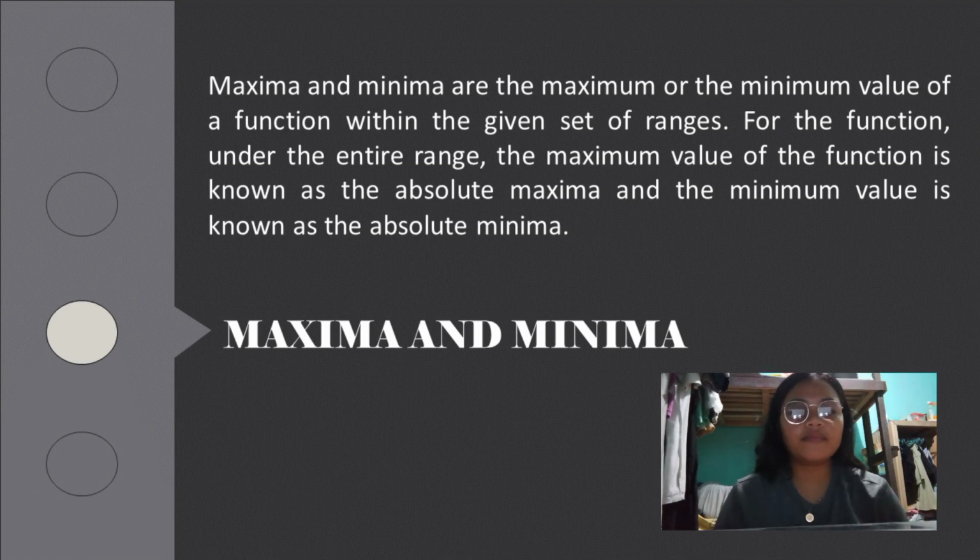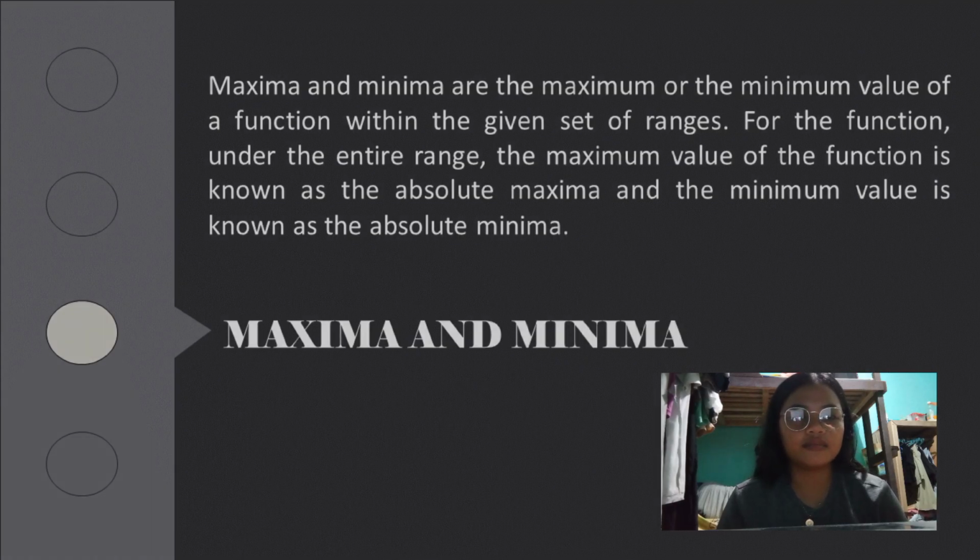So understanding maxima and minima is crucial in optimization problems, where the goal is often to find the maximum or minimum value of a certain quantity. Study of maxima and minima is an essential part of calculus and has applications in various fields such as economics, physics, engineering, and computer science.